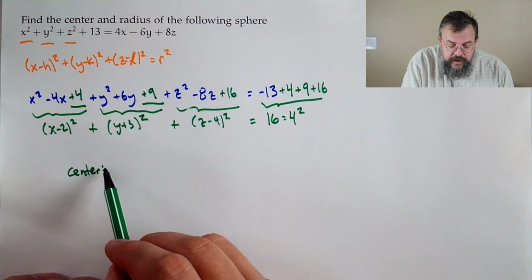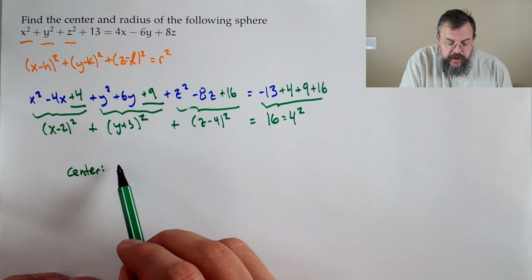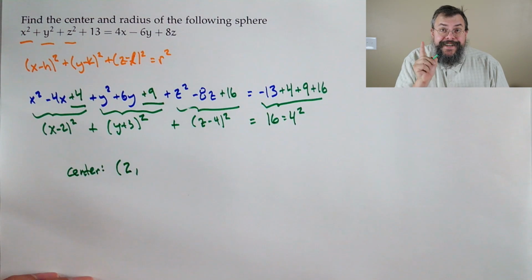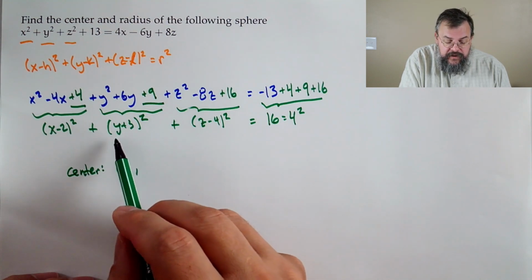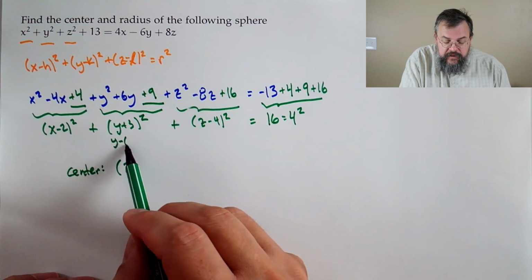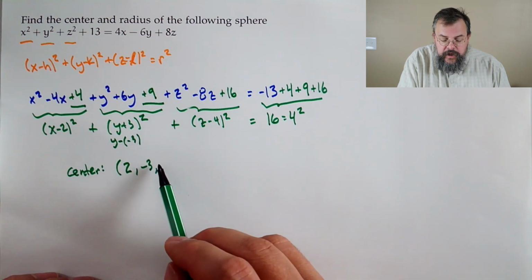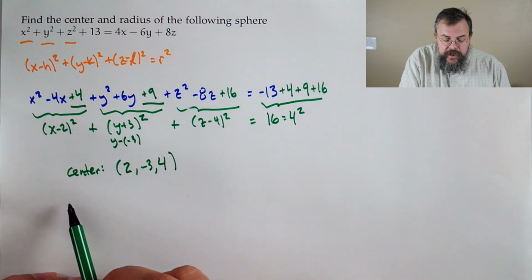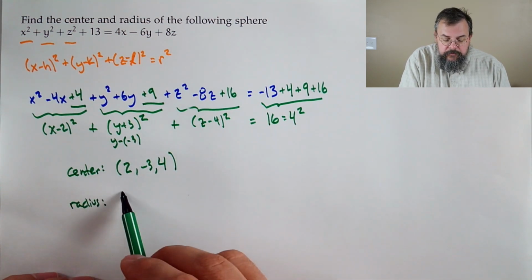Well, we say the (h, k, l) is our center, so h, that's our x-coordinate, would be 2. What's the y-coordinate? Negative 3, right? Because, you see, it should be y minus something, not y plus something. So this is secretly y minus 3. So negative 3, y, our z-coordinate, positive 4, and our radius would be 4.